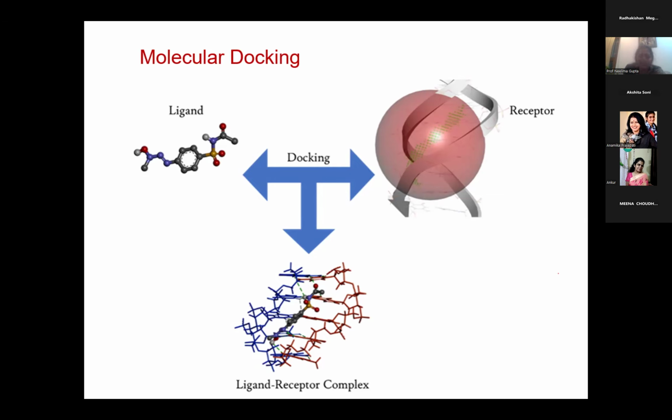When your system reaches a minimum energy state, the distances between the different residues on the biomolecule and different atoms of the ligand are converted into different types of biomolecular interactions, which I told you previously, maybe hydrogen bonding, van der Waals type of interaction, and other different types of interaction, which you may identify by how much is the distance between two atoms defining a particular type of interaction.